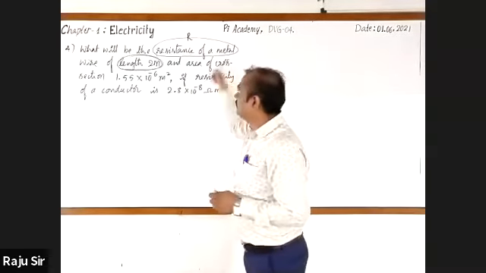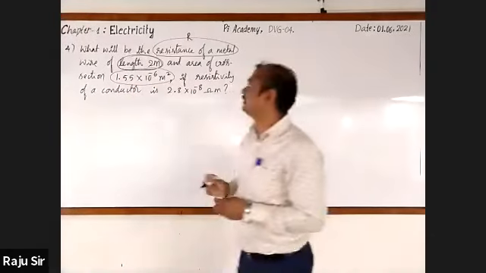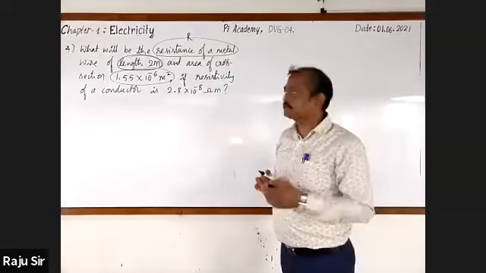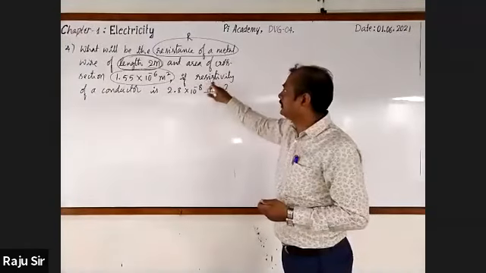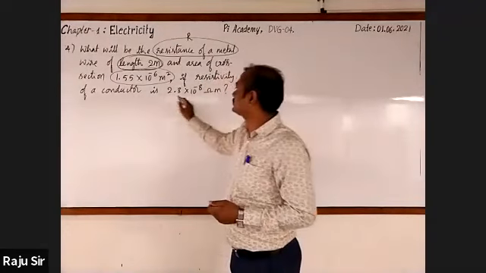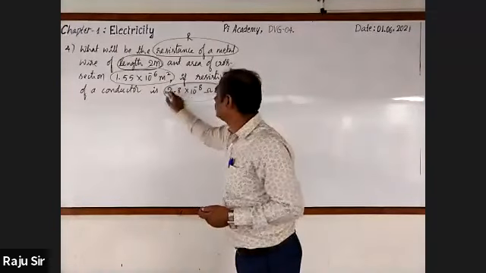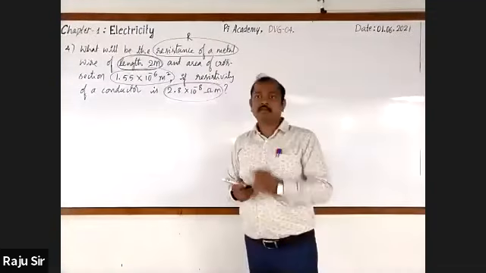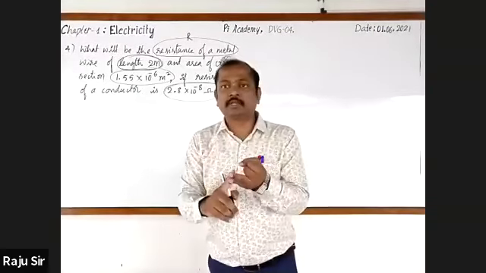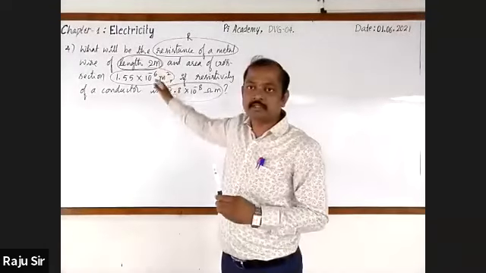Next, area of cross section is also given, 1.55 into 10 raised to the power minus 6 meters square. A is given. The resistivity of the conductor, 2.8 into 10 raised to the power minus 8 ohm meter, is also given. So you know the length, area of cross section, and the resistivity of the conductor.